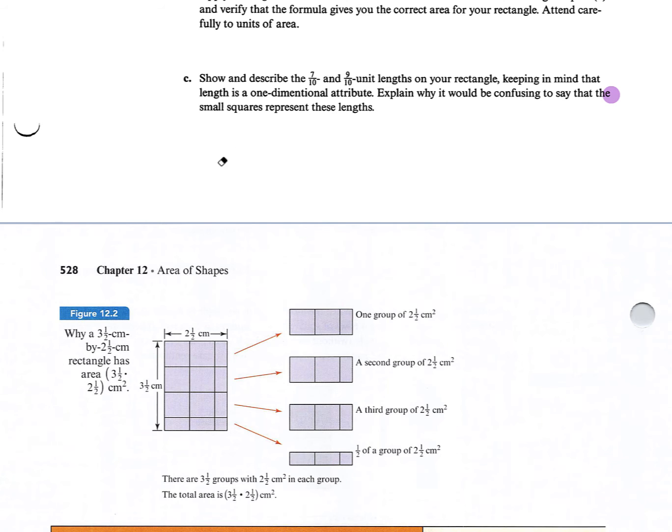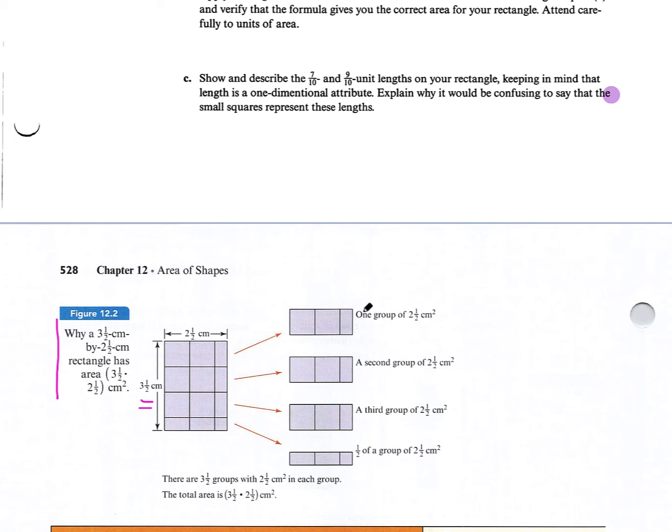So I wanted to draw your attention to the diagram in the book that goes along with this exercise. You can see here that, like most measurements, it doesn't always end up being a whole unit. So, like we did with the 7/10 and the 9/10, here we have 3.5 groups of 2.5 centimeters in each group.